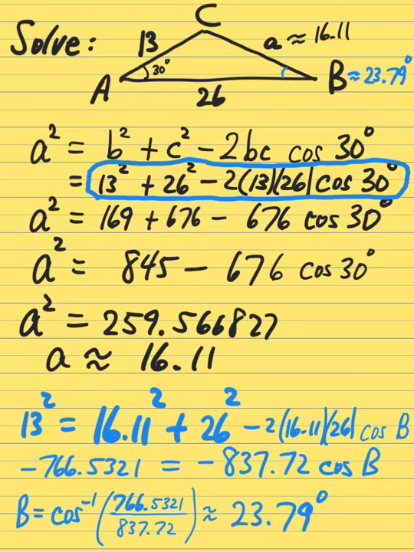And then finally, C, I'm going to sneak that in green. Actually, in red, red will show up better. C is equal to 180 minus the two angles that we found. 30 was given, minus the angle we just found, 23.79.